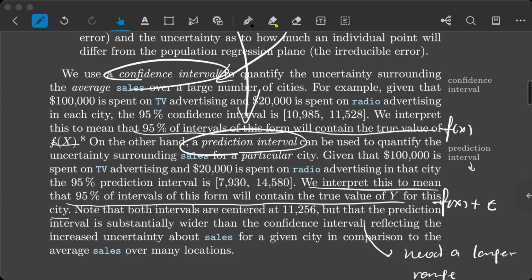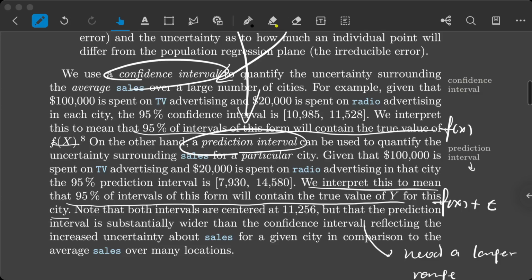But the confidence interval answers whether our prediction is close to f, not including epsilon. We just want to answer in which range the value of f(x) lies.